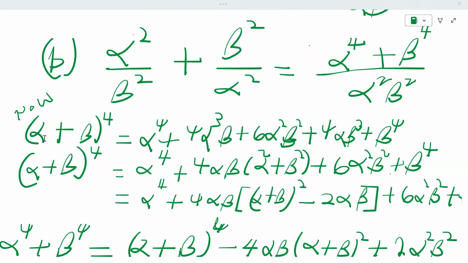So now alpha plus beta raised to the power of 4 will give us alpha raised to the power of 4, plus 4 alpha cubed beta plus 6 alpha squared beta squared plus 4 alpha beta cubed plus beta raised to the power of 4. And this is by way of using Pascal's triangle, where we start with alpha raised to the power of 4, reduce the power by 1, we introduce our beta, reduce the power from here by 1, introduce another power.